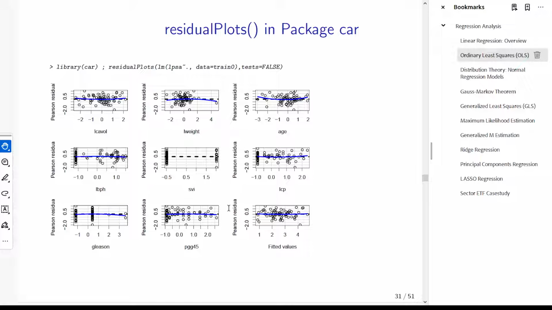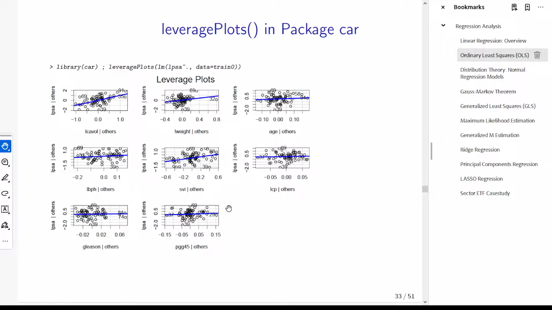And so it actually tries to fit curvature terms into the residuals in the model. And if there's curvature present in the residuals, then we might have a nonlinear model and need to expand with nonlinear terms.